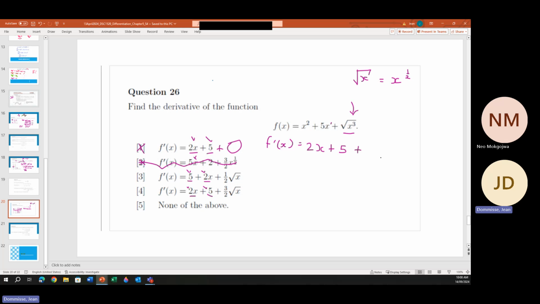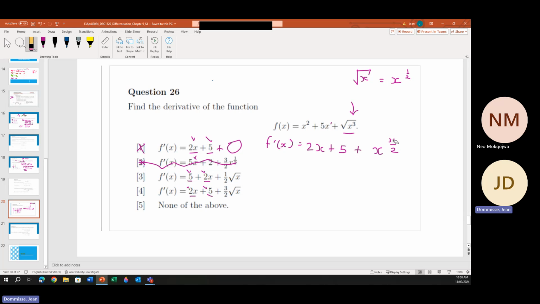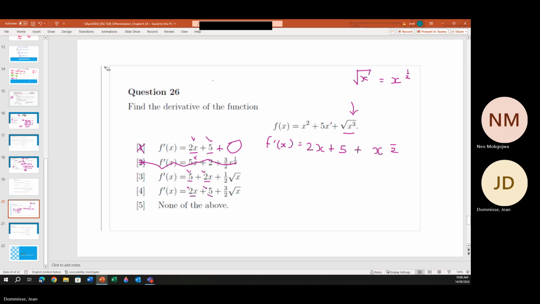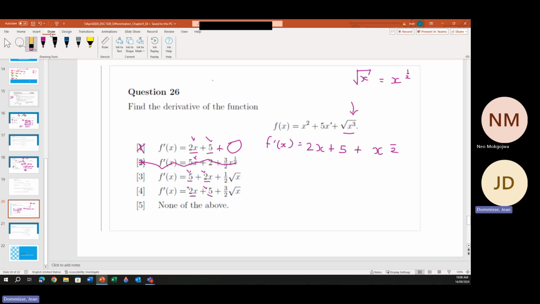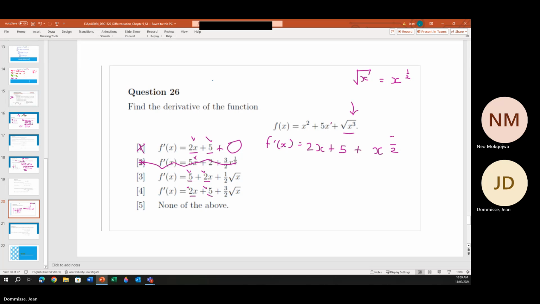So we'll use that same power half, but at the top we've got 3 times 1. Okay, so that is nearly how that would look, is we can rewrite that as x to the power of 3 over 2.